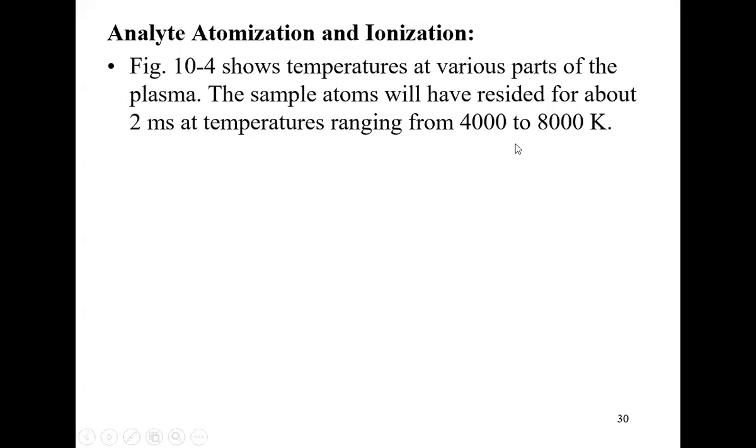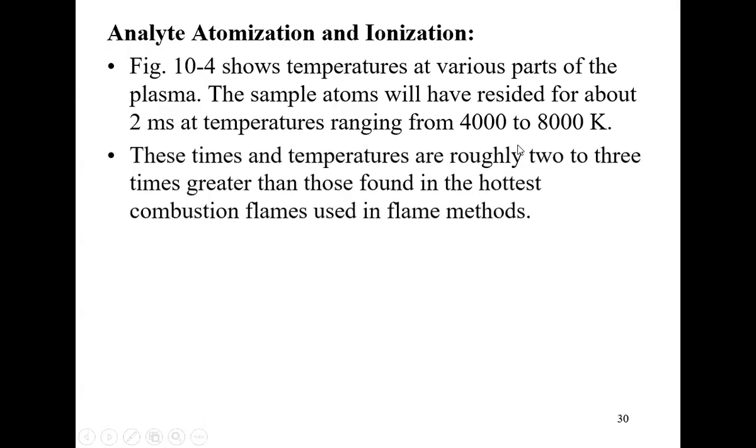Those are 2 milliseconds, right? But very fast. So normally, these times and temperatures are roughly 2 to 3 times greater than those found in the hottest combustion flames used in flame methods. So flame methods, whether they are hot, the sample usually stays for longer.